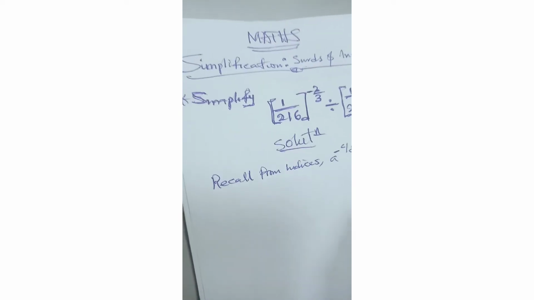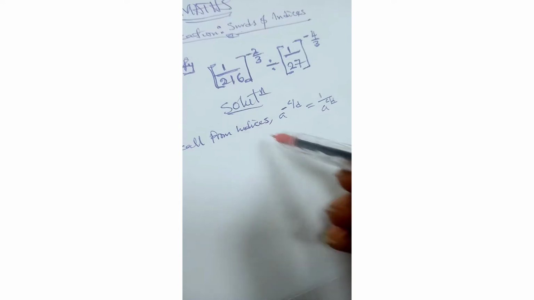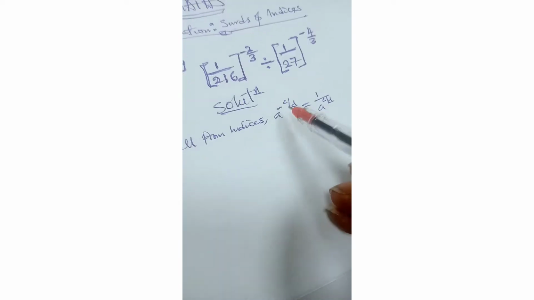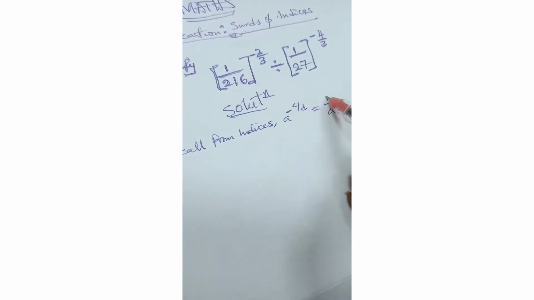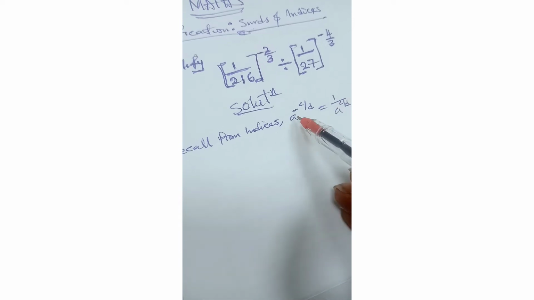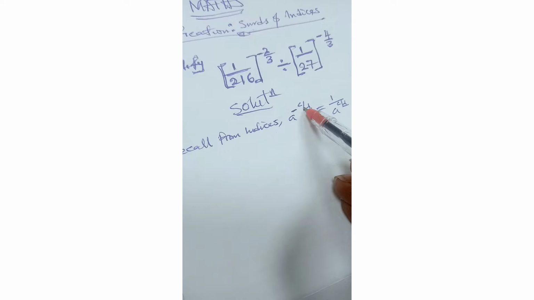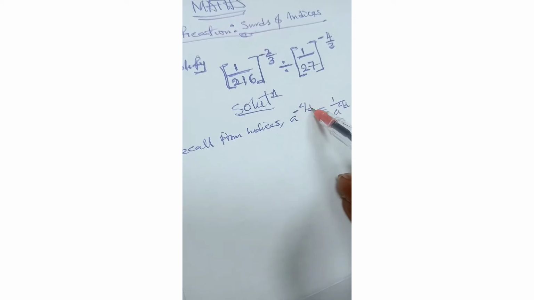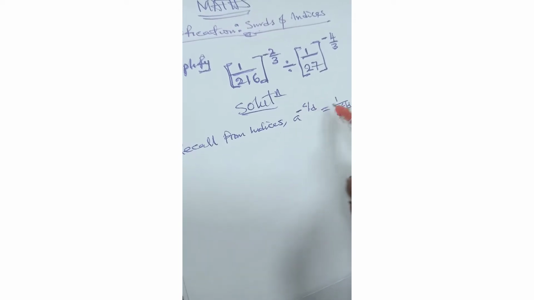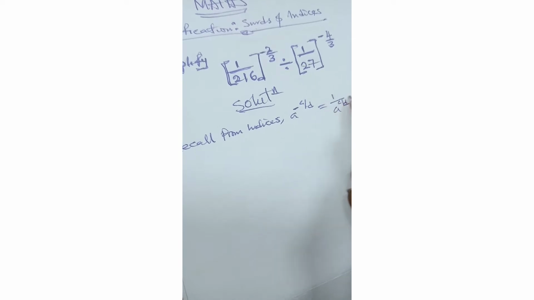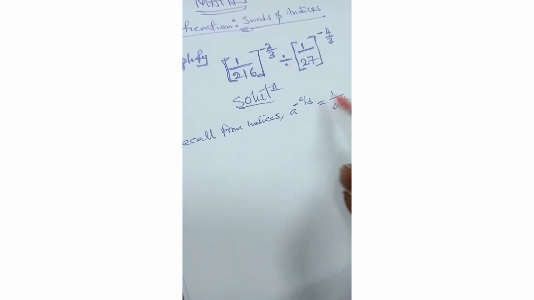Now if we apply the same thing here, it is the minus that turns to 1 over, then the a carries the power. Remember, the power is c over d, so we have the minus changed to 1 over, then a raised to power c over d.